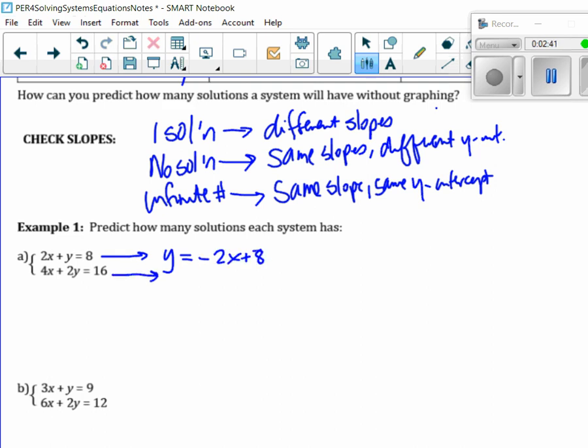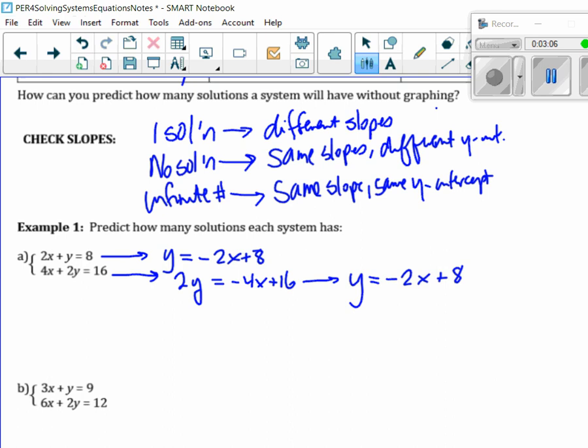And if I put this into slope-intercept, I may have to do this in 2 steps. So I'm going to move the 4x over. So I get 2y equals negative 4x plus 16. And then I divide by 2. So what does that become then? Y equals negative 2x plus 8.